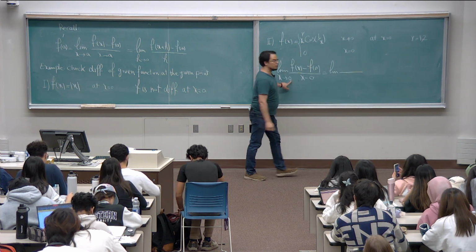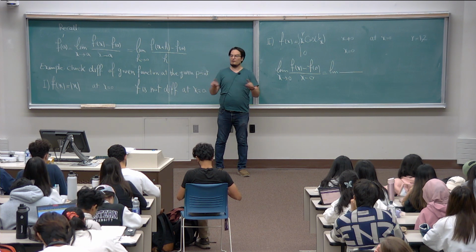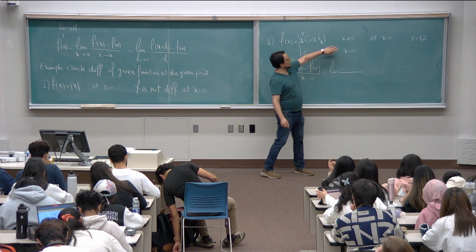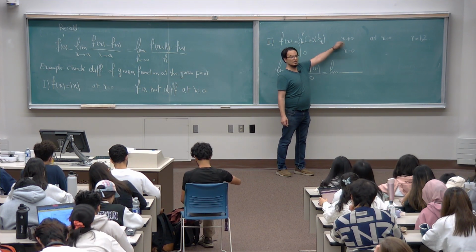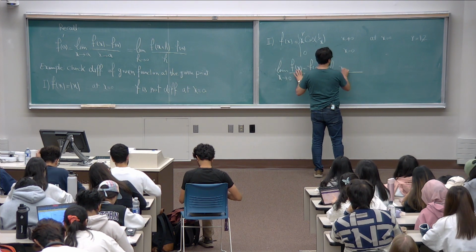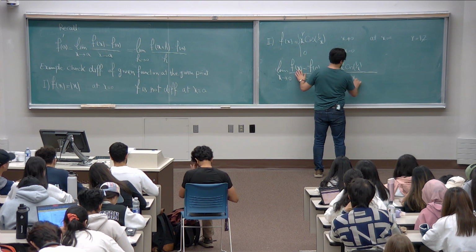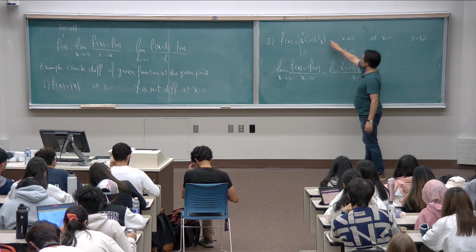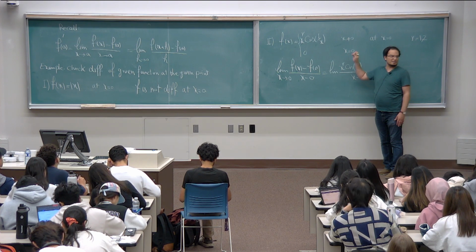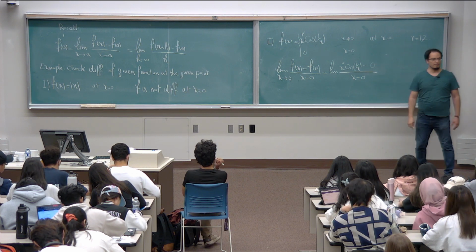When x approaches 0, we care about values of x around 0, but not 0. So for all the values of x not 0, the expression is given by this. That means that f at x is going to be x to the power r cosine of 1 over x. And f at 0, well, this definition clearly says when x is equal to 0, you just plug in 0.